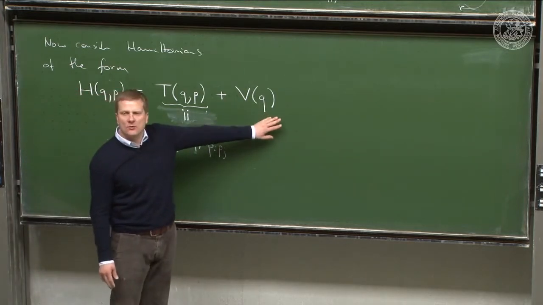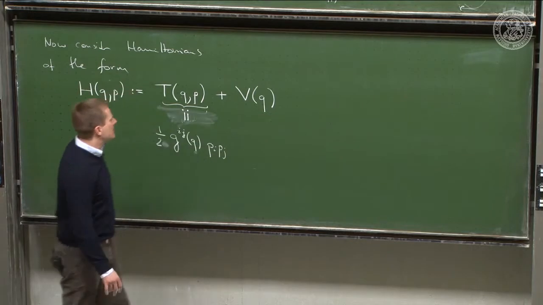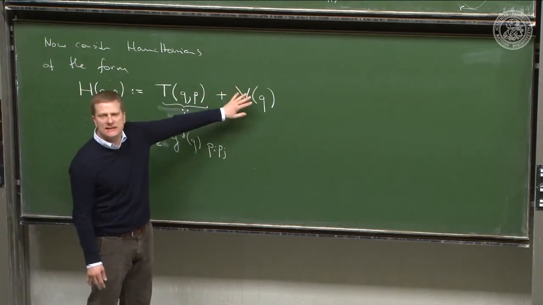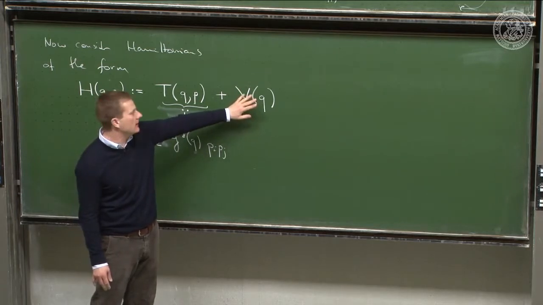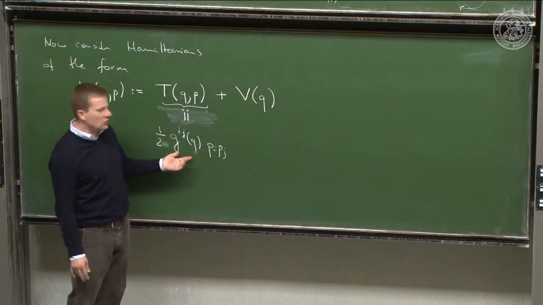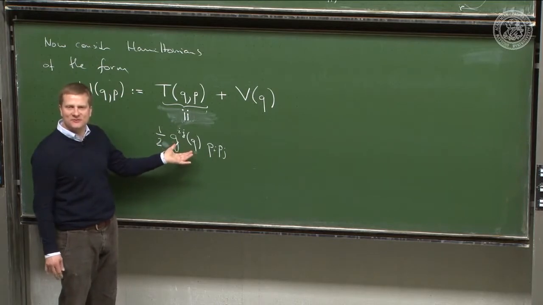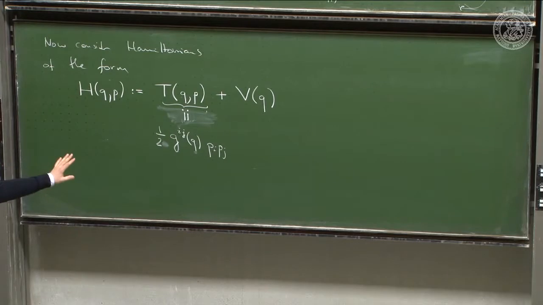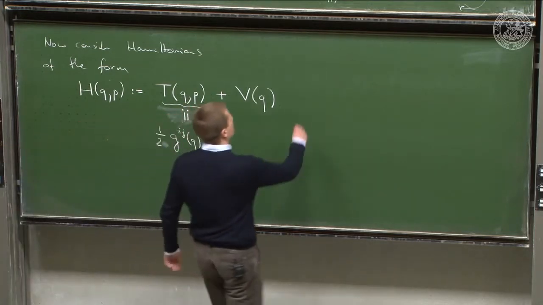However, we allow a potential. Now, this form comes up in standard classical mechanics, also standard classical mechanics on the sphere or something like this, where you have a curved metric and so on. From now on, we'll only talk about this, because then we can make the following definition.